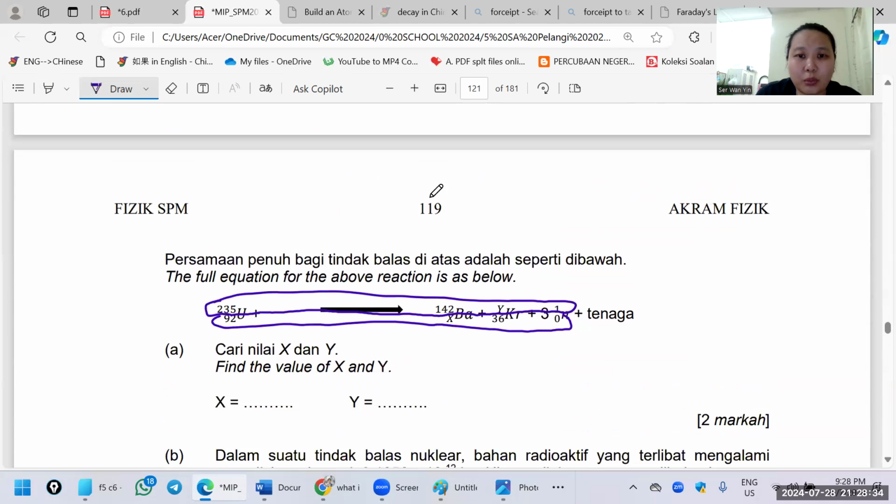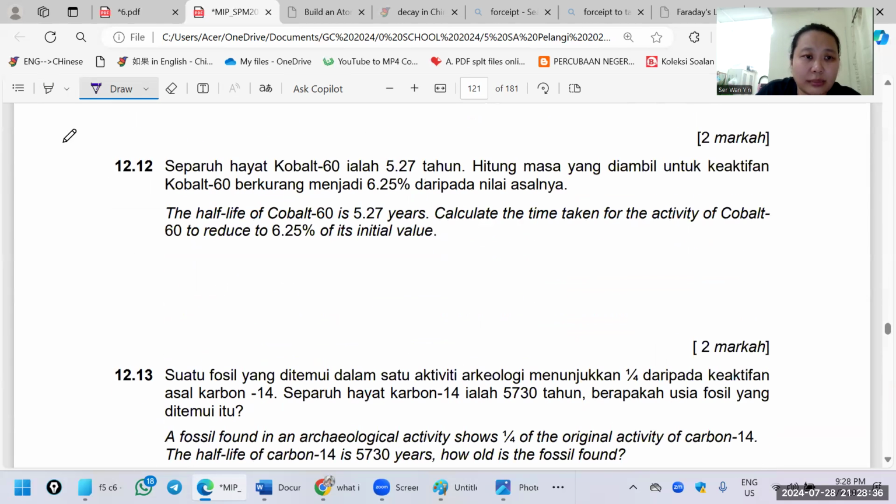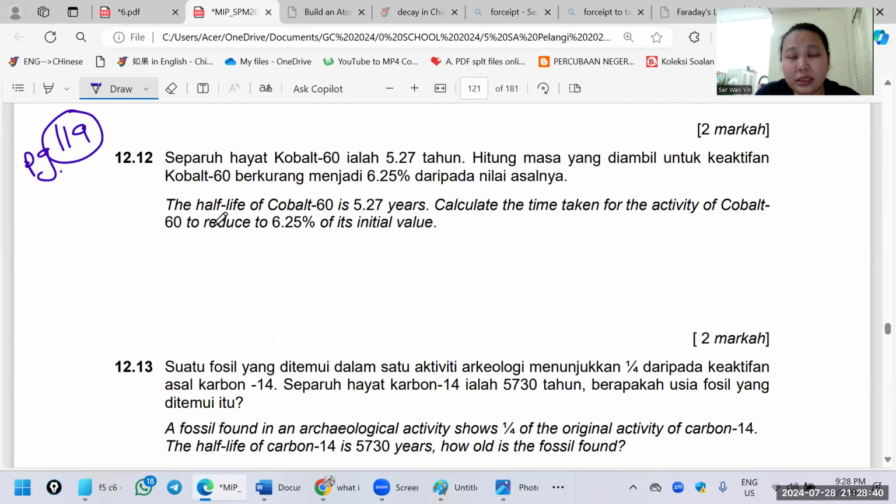This is page 119. Intervention: half-life of cobalt-60 is 5.27 years. Calculate the time taken for the activity of cobalt-60 to reduce to 6.25% of its initial value, original value.